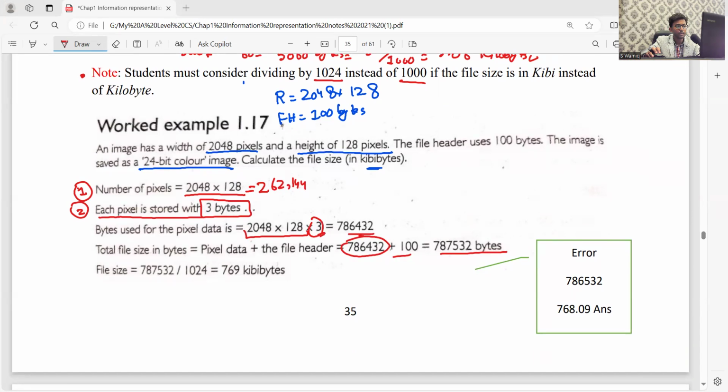You need to understand that they have provided a 24-bit color image. 24 bits per pixel means that each pixel is represented by 24 bits of data. So 24 bits can be divided into 3 components, and 24 divided by 3 gives me the answer 8.